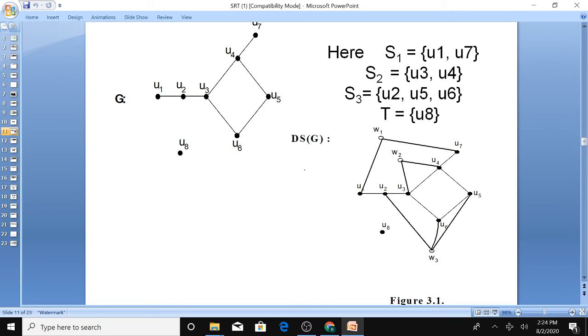Next, let us move on to degree 3. There are only two vertices of degree 3, that is U3 and U4. So we add a vertex W2 and we join W2 to U3 and U4. This is the new graph, that is the degree splitting graph generated from the graph G.